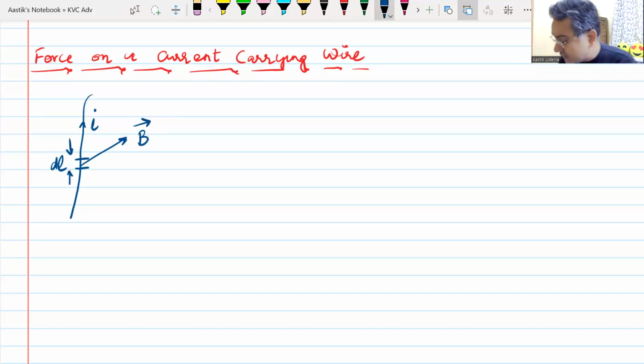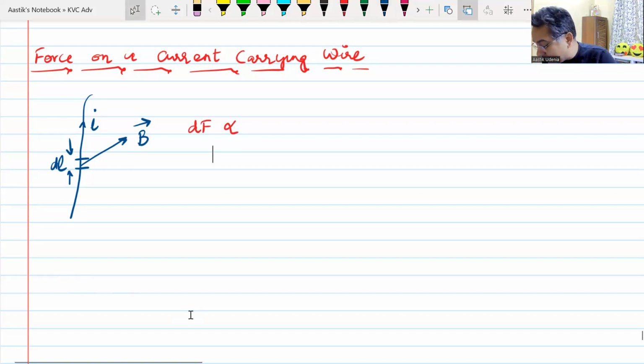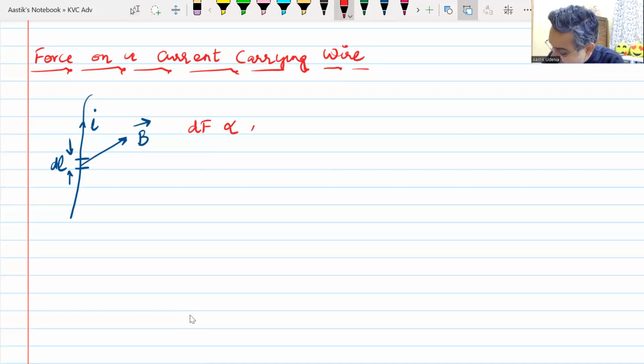Now it has been found out that this small segment of the wire, this current carrying element, will experience a force. If I say that the small force is dF, on what factors does dF depend? It will depend on the current in the wire, the length of the current carrying element, and the value of the magnetic field.